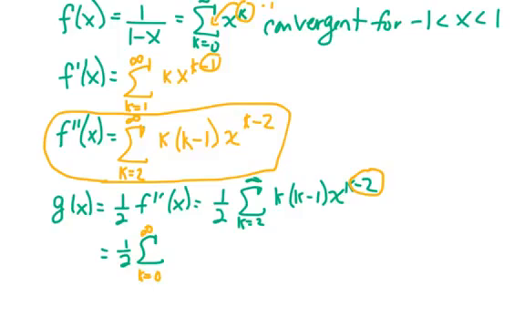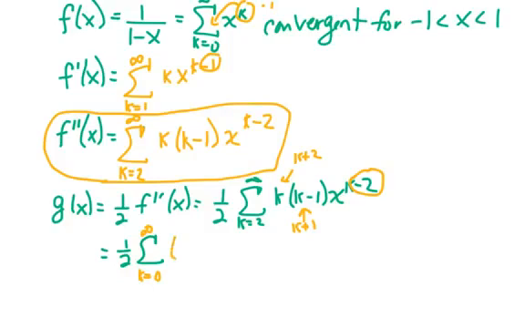So this becomes k minus 1 plus 2, which is k plus 1, and here this becomes k plus 2.